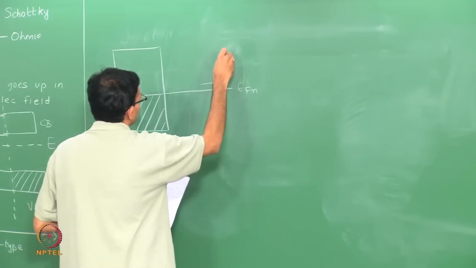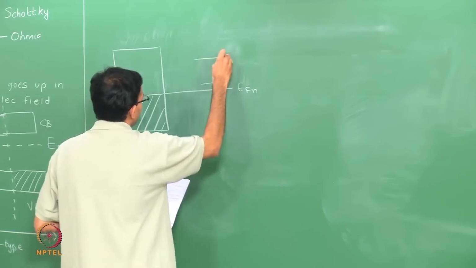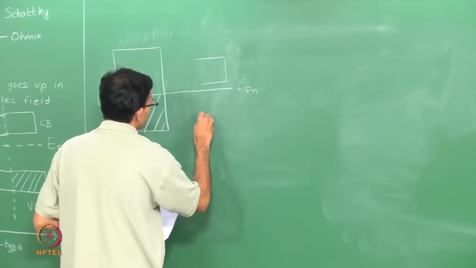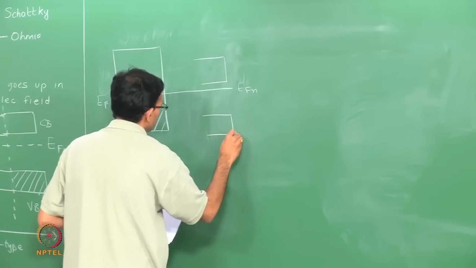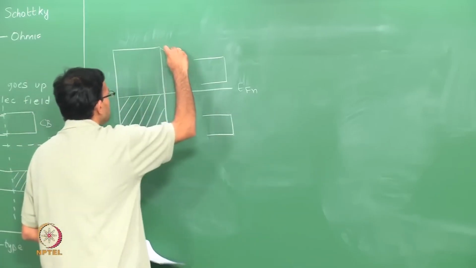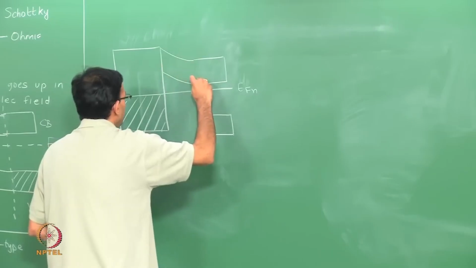Far away from the junction, it still behaves like a typical n-type semiconductor, but closer to the junction, because of electron motion, you have band bending.